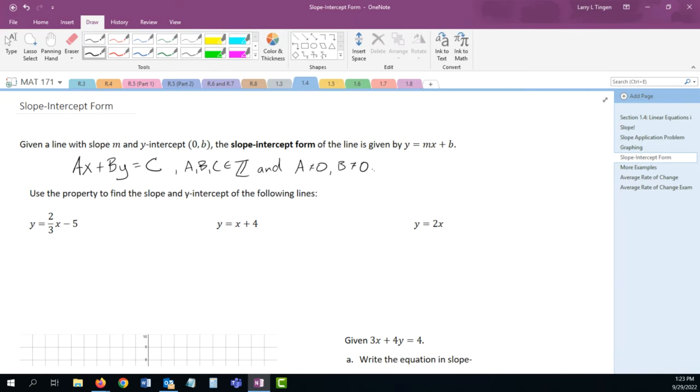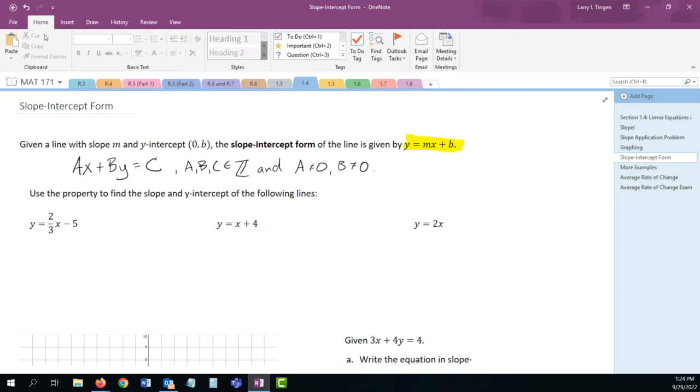Now, if you take a linear equation and write it in the slope-intercept form, which is y equals mx plus b, then it turns out the slope and the y-intercept are sitting right there for the taking. If you take a general form line and solve it for y, I would subtract ax and then divide everything by b, and I would then have my slope-intercept form.